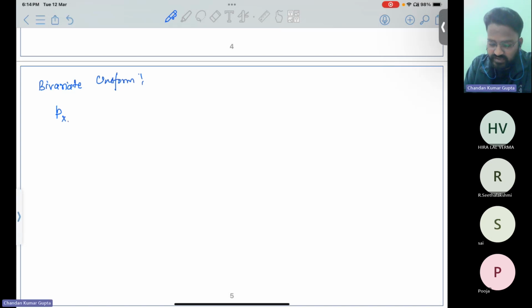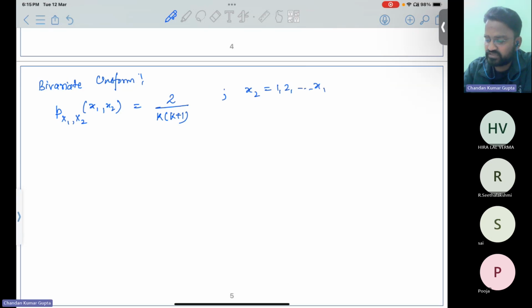Here it is a discrete distribution actually, with the pmf twice of k plus 1, where x2 equal to 1 up to x1, and x1 equal to 1 up to k, where k is any positive number.